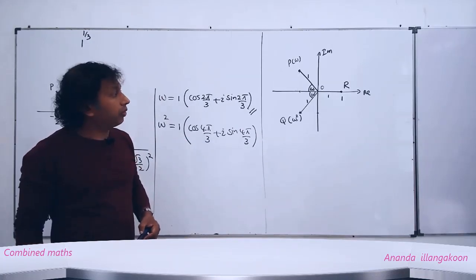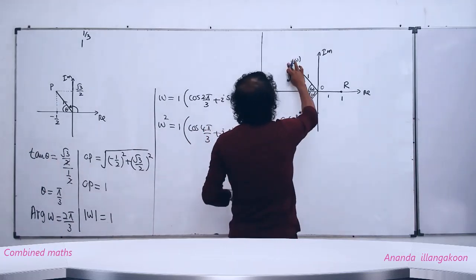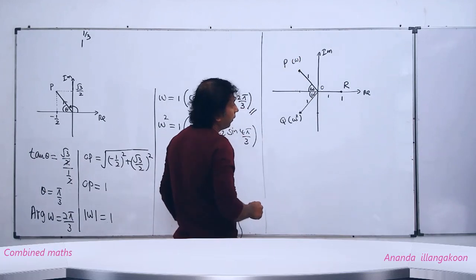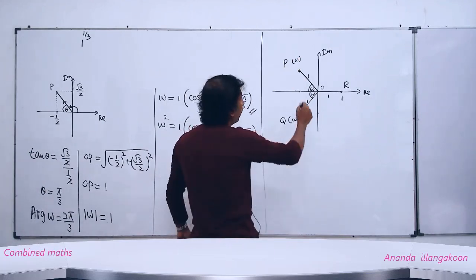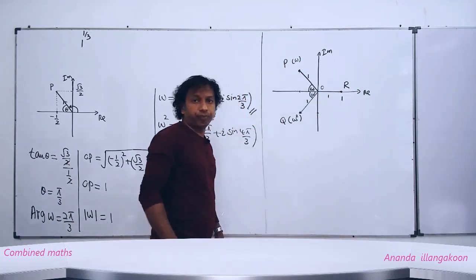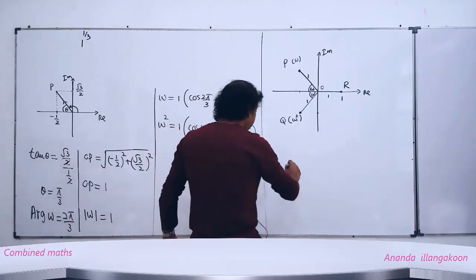And also, people, when I join this P, Q, and R, we get a triangle. In that triangle, when we join PQR, this PQR triangle is going to be an equilateral triangle. See here.